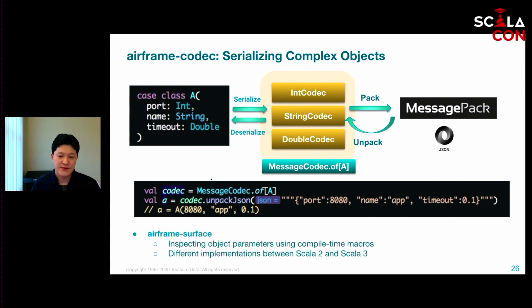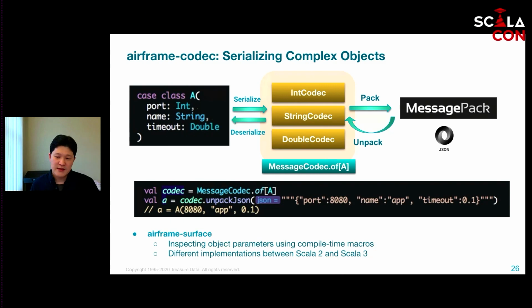The usage is quite simple. You need to call MessageCodec of type A. Then by using this codec, you can read the JSON data like this to create a model class object.